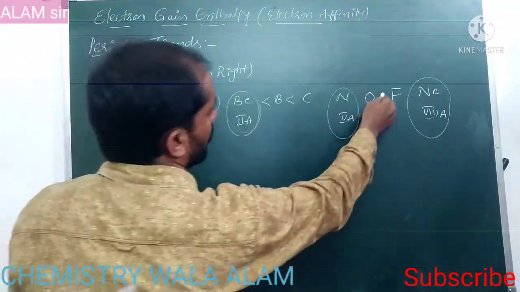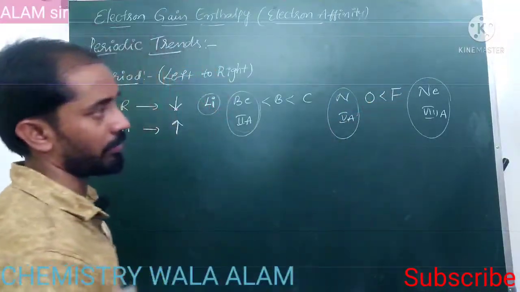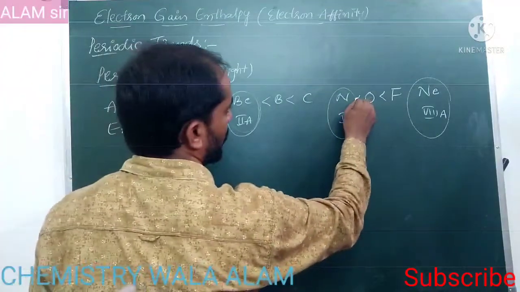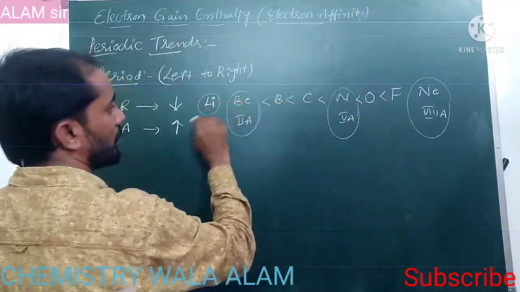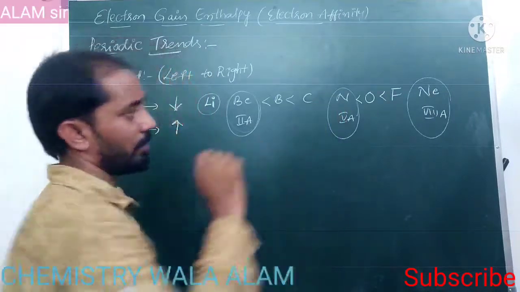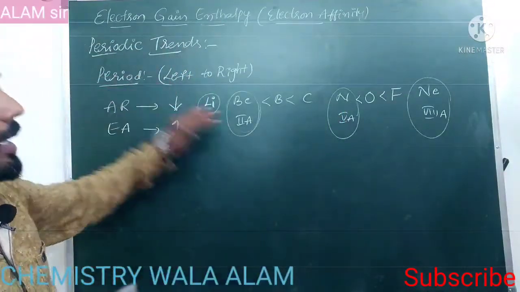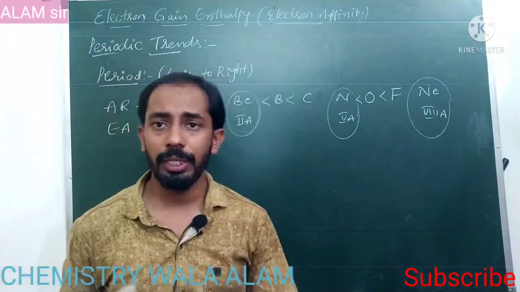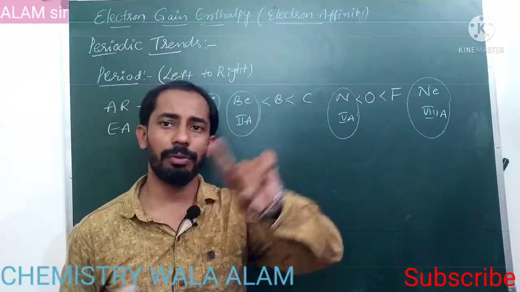Generally we can say that electron affinity in a period increases from left to right.